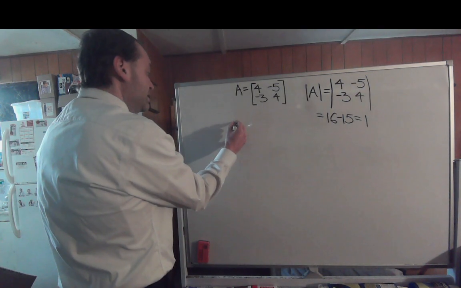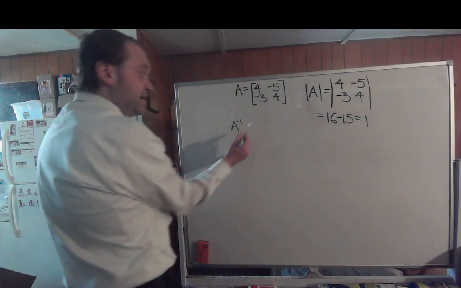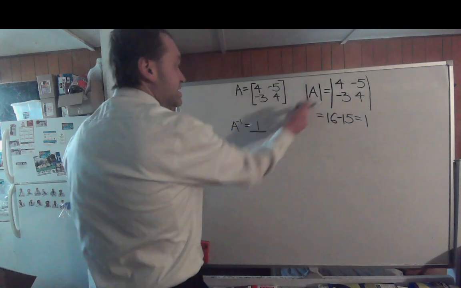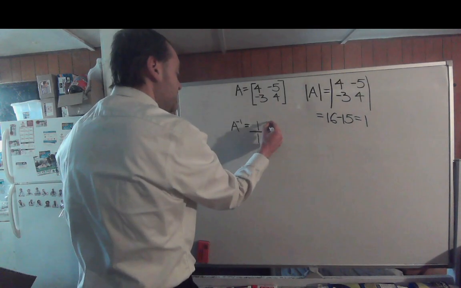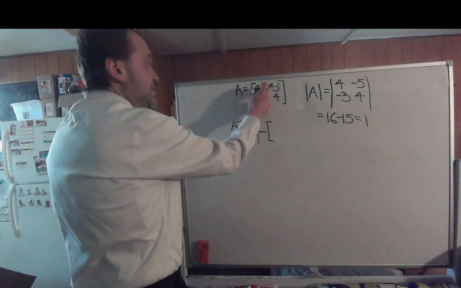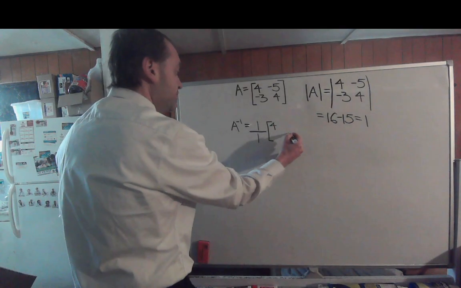Once you know that, you set up A to the -1, which means A inverse. You're going to take 1 and divide it by that determinant of A, which was 1. Take that times the matrix. Your A and D switch places. In this case, it's going to stay the same, the 4 and the 4.